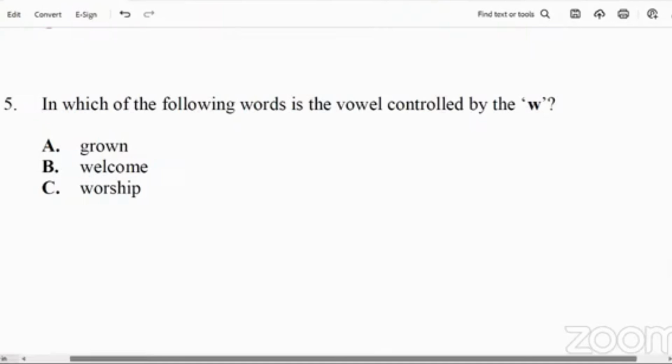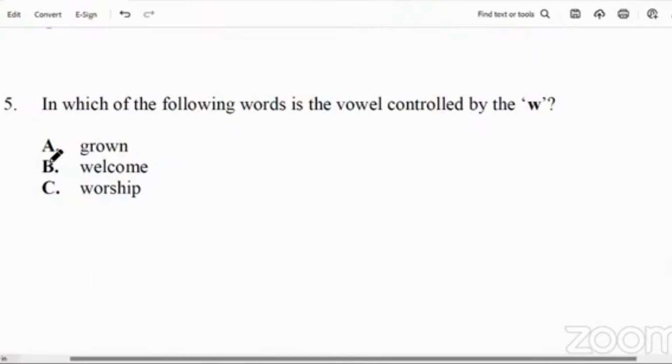So vowels can also be controlled by a W. When we say control, it means that the vowels will not make their usual sound. They're modified. The sound changes when they are followed by, in this case, a W, or when it's followed by R and sometimes some other letters. Okay, so let's look at them.